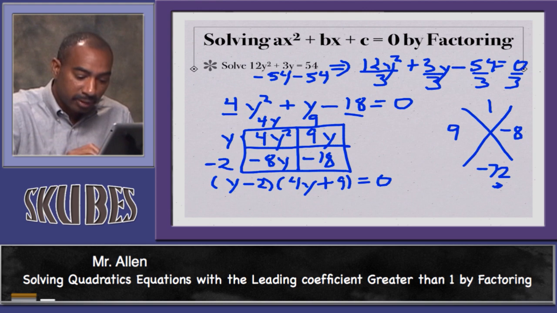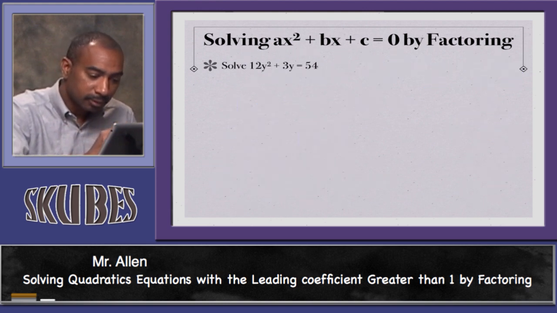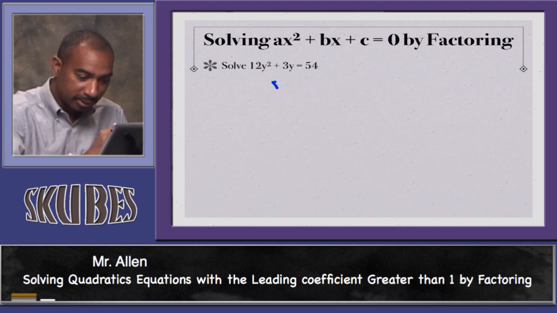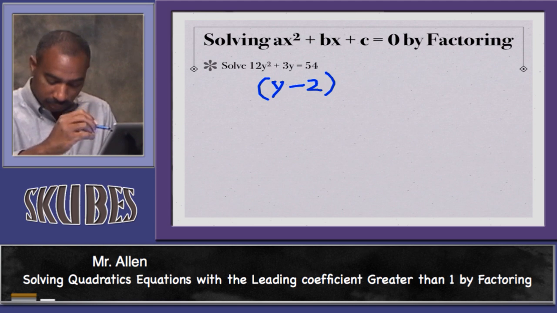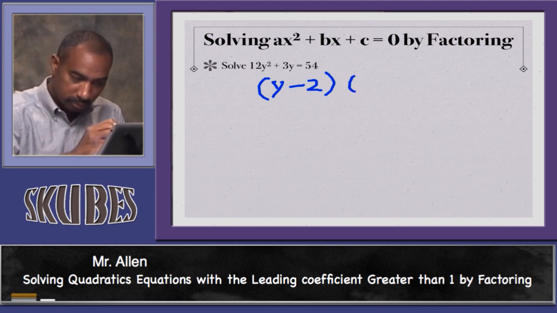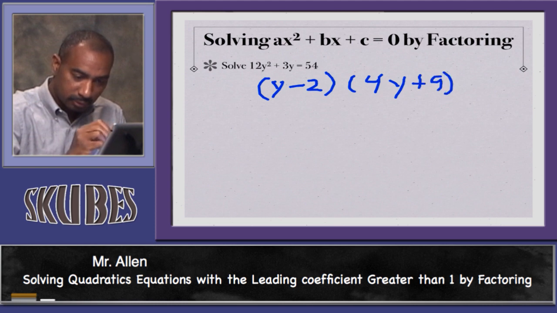And now I'm going to set those two factors equal to 0. So let me write what I had here. I had y minus 2 and I had 4y plus 9 equals 0.